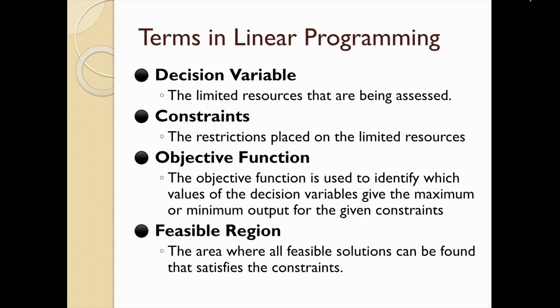It could be a and b, whatever letters you decide to use. And the constraints would be the restrictions on those resources. For instance, let's imagine B represents bananas and M represents mangoes. Those are your decision variables, your limited resources.